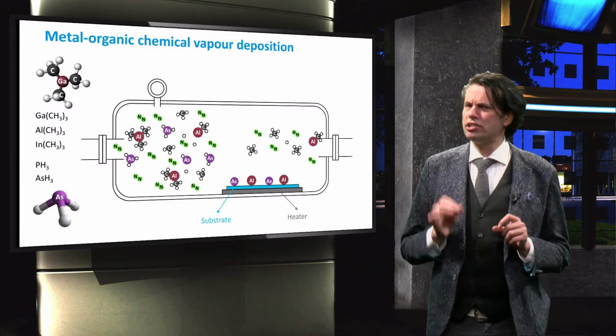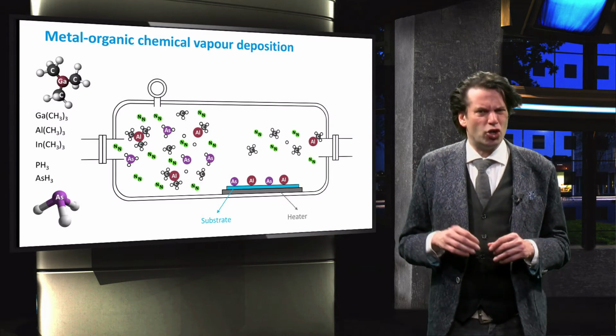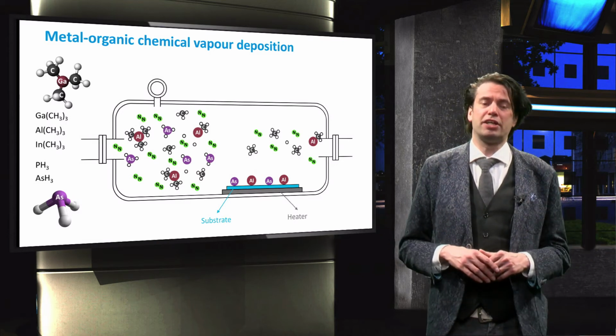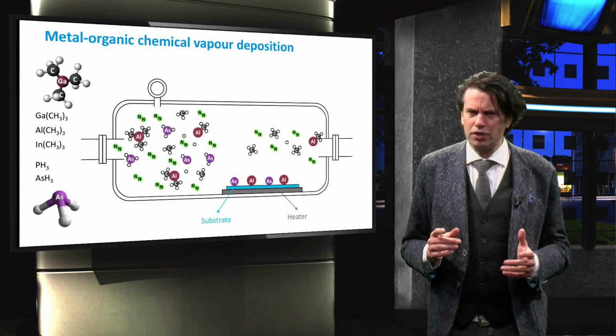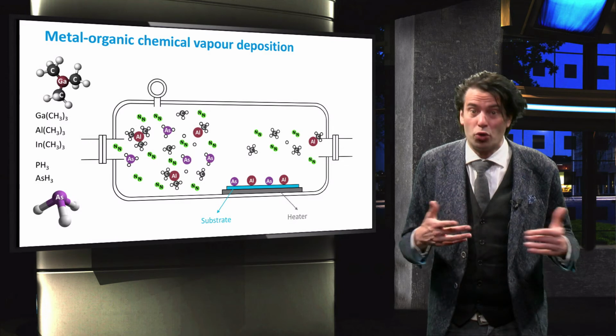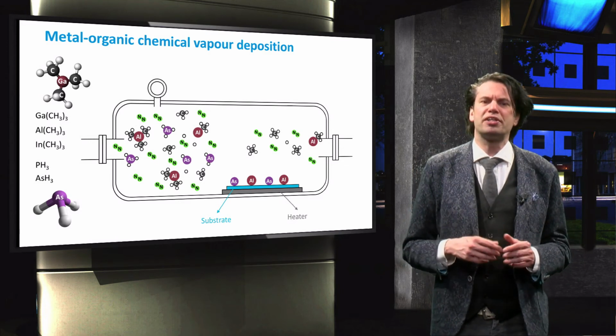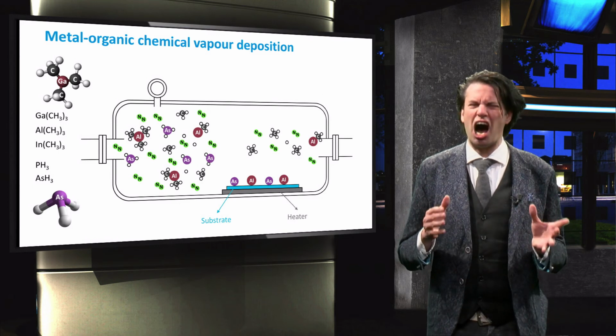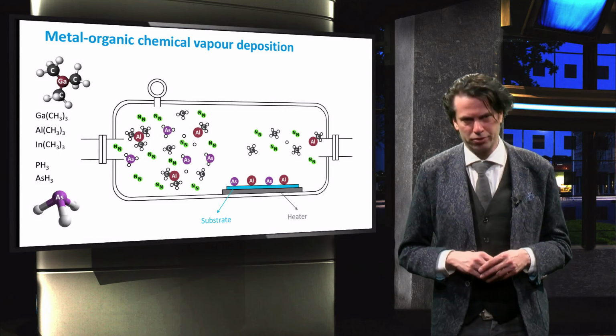Due to the higher deposition rate and absence of an ultra-high vacuum, MOCVD is much less expensive than MBE. However, a relatively large amount of impurities like hydrogen, nitrogen, or even metal groups are incorporated during the MOCVD process. MBE therefore produces a higher quality material.